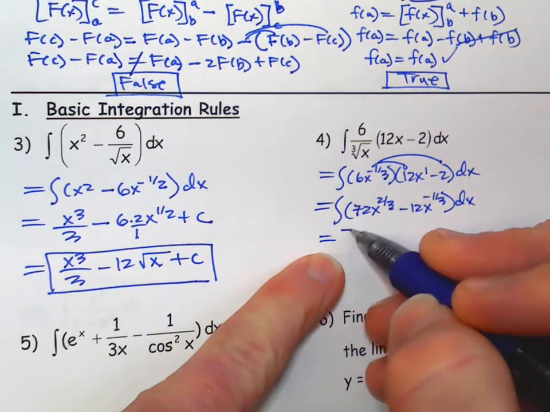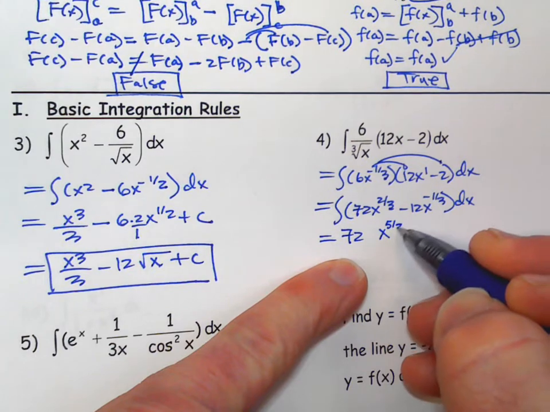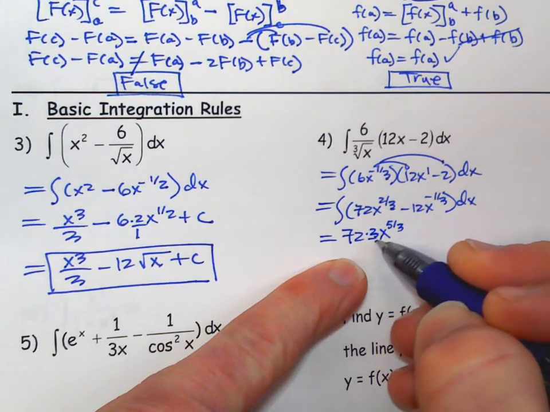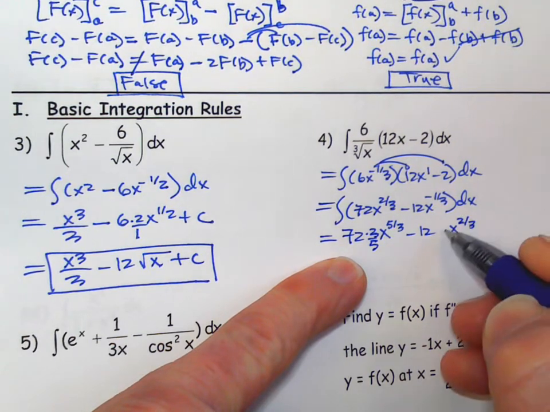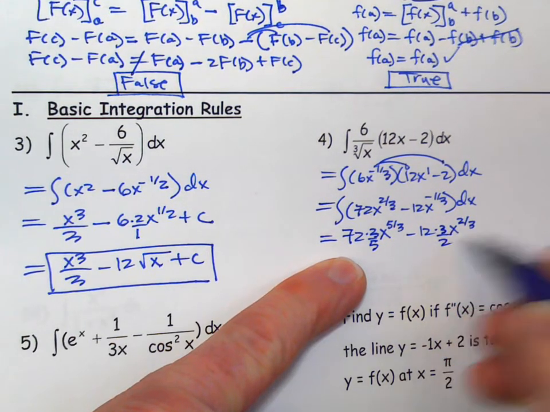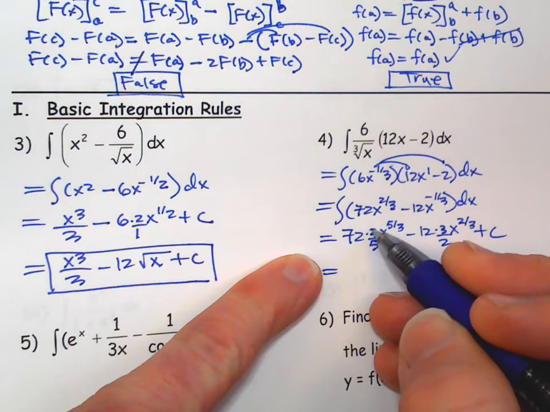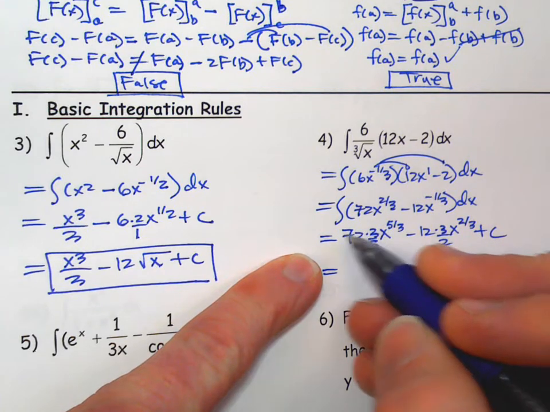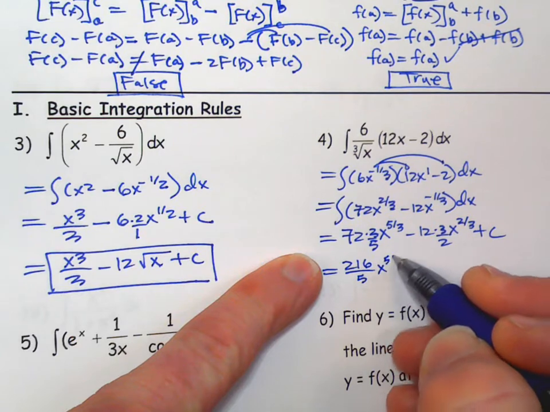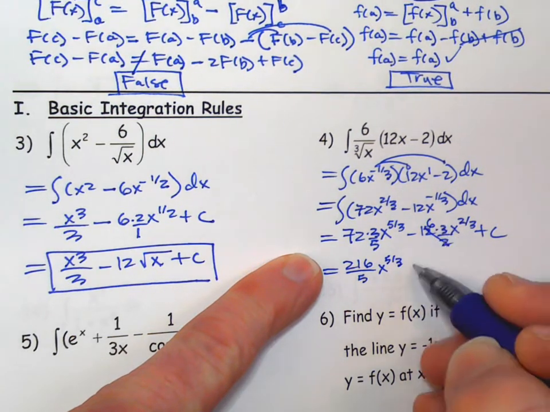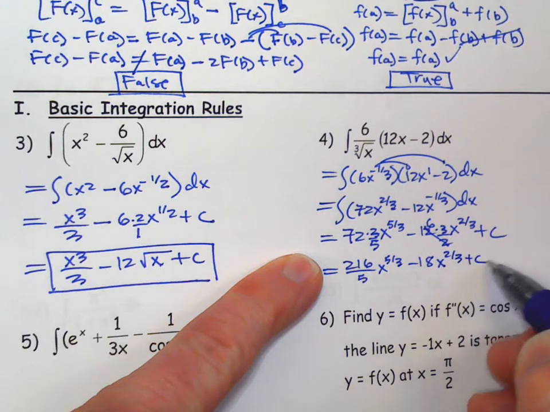And then we're going to integrate. So we're going to add 1, x to the 5/3, divide by the new exponent, multiply by the reciprocal, minus 12 x to the 2/3, add 1, divide by the new exponent, or multiply by the reciprocal, plus c, should show up in your work. This doesn't look like it's going to get any simpler. It's 216 over 5, x to the 5/3 minus 18, x to the 2/3 plus c.